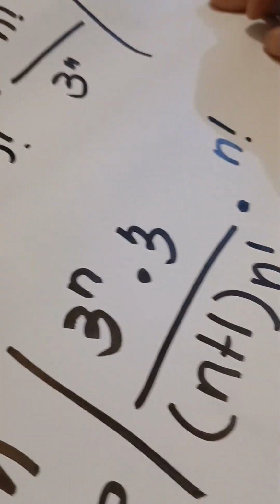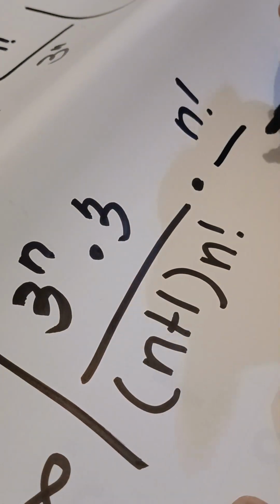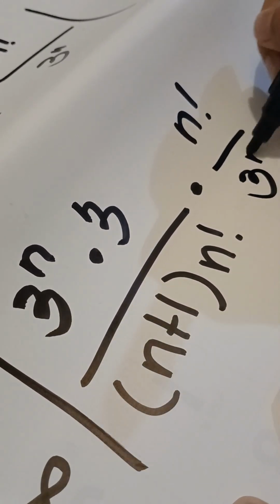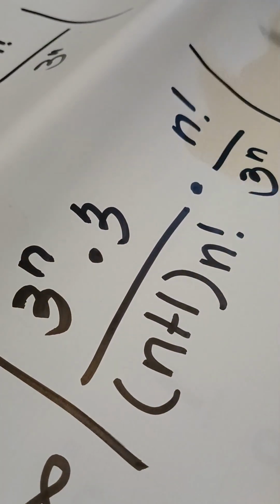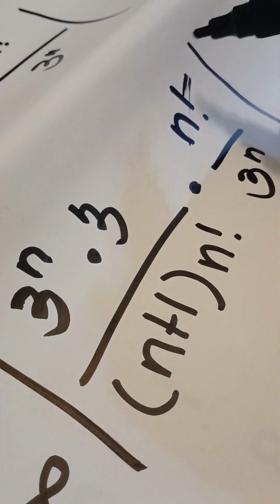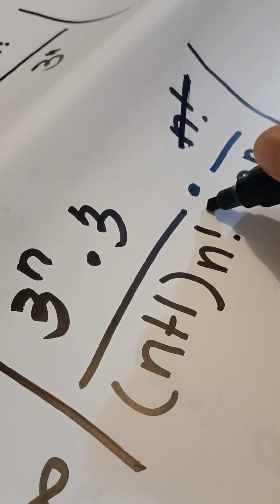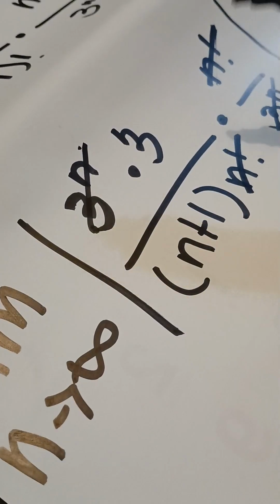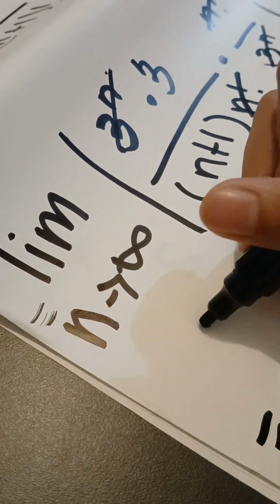And now let's cancel the n factorial because it's the same on the other side, and also the 3 raised to n. So what we have left over is the limit as n goes to infinity of the absolute value of 3 over n plus 1.